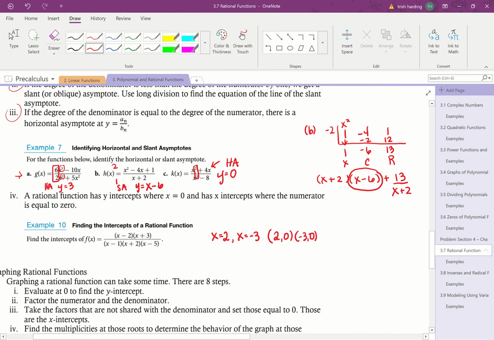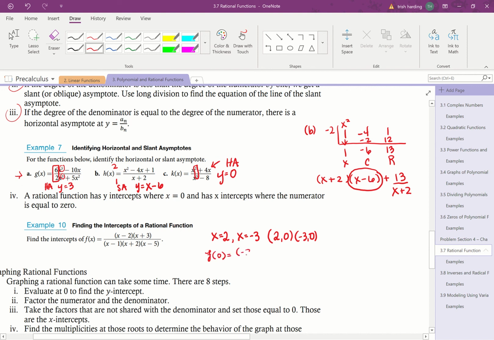So now let's look at y-intercepts. So that's where our x's are equal to 0. So notice that we have y-intercepts, if x is equal to 0, let's set this equal to 0.